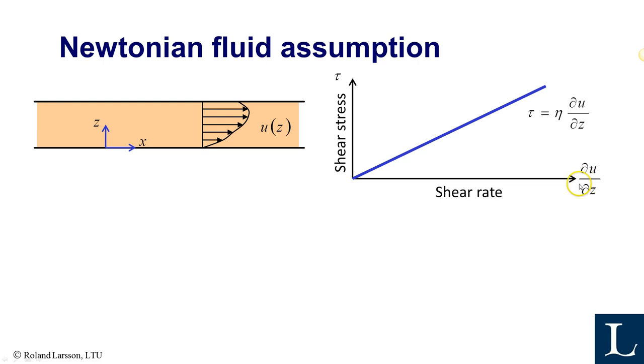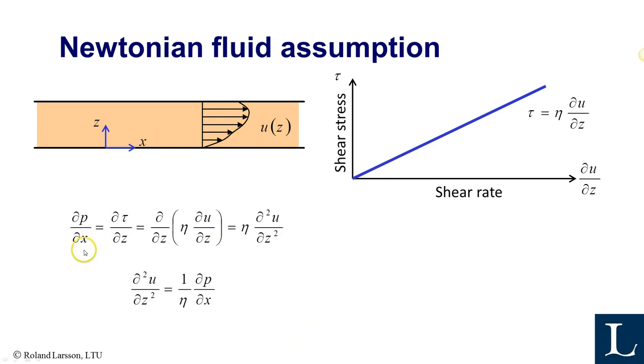The shear rate gradient is maybe a better name for it: it is how the flow profile changes across the film, because the speed of the fluid changes with the thickness of the film. And so du/dz is actually the gradient of this curve.